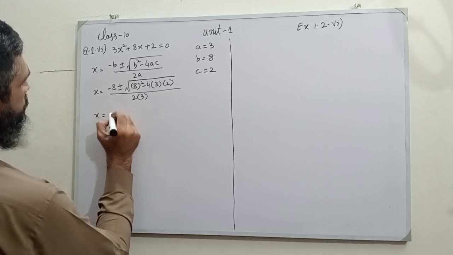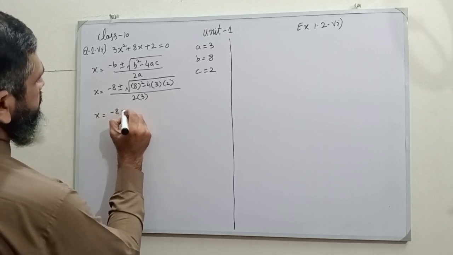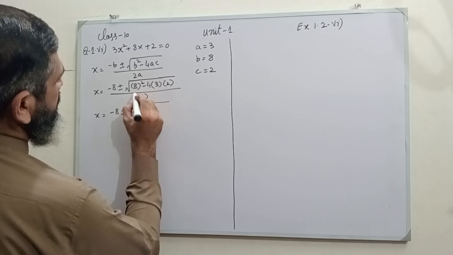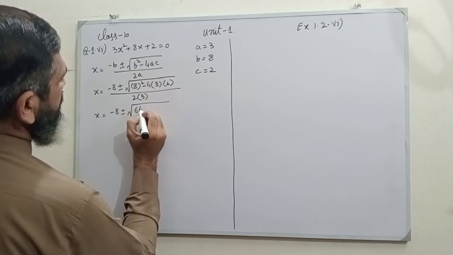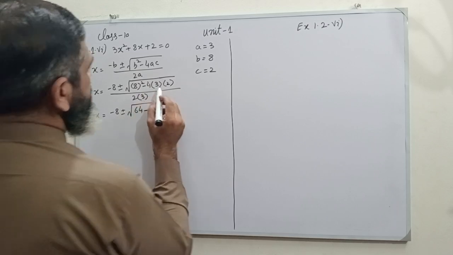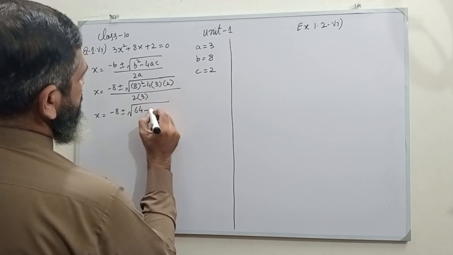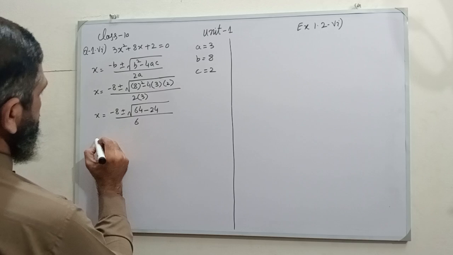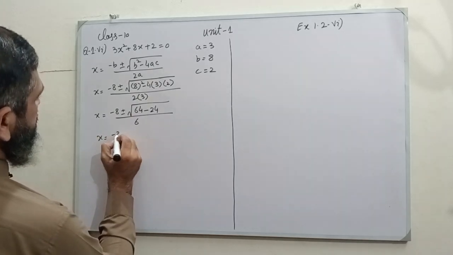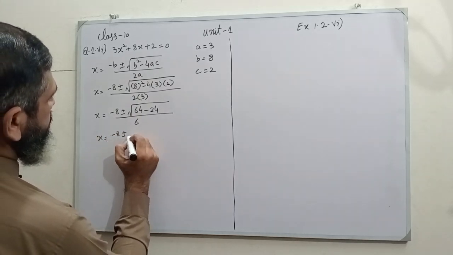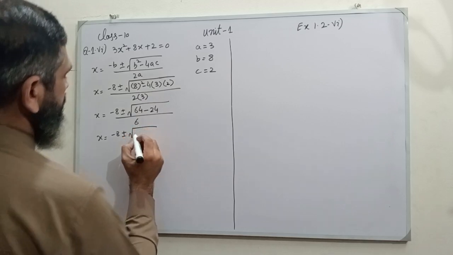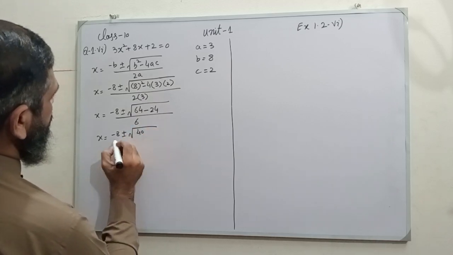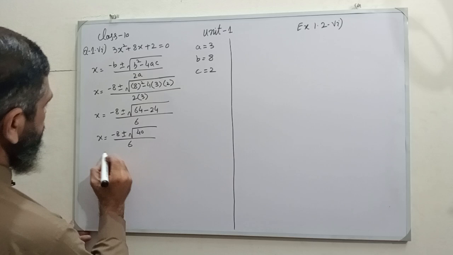So x is equal to minus 8 plus minus under root 64 minus 24 over 6. x is equal to minus 8 plus minus under root 40 over 6.